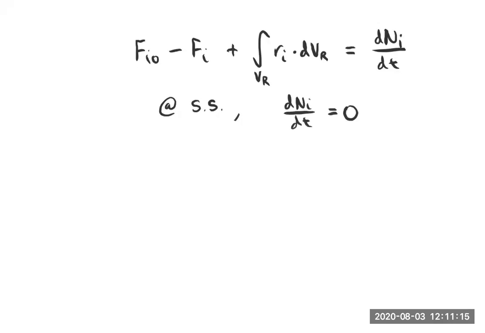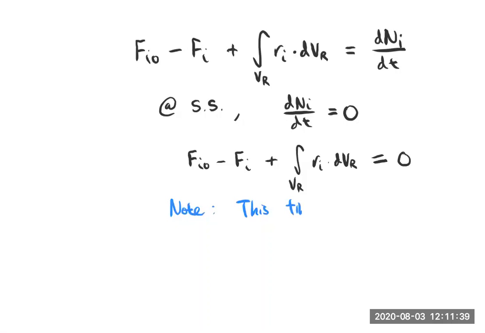So now we just have Fi0 minus Fi plus the integral of Ri times dVr equals 0. So note this time Ri is a function of Vr. So we can't pull this out.